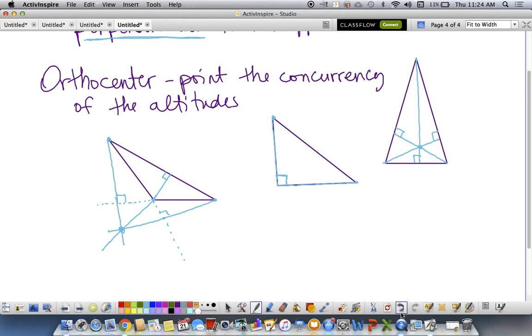Okay? What you need to know about your orthocenter? Acute triangles, the orthocenter will be inside. I don't want to use the word always. The orthocenter will be inside the triangle.